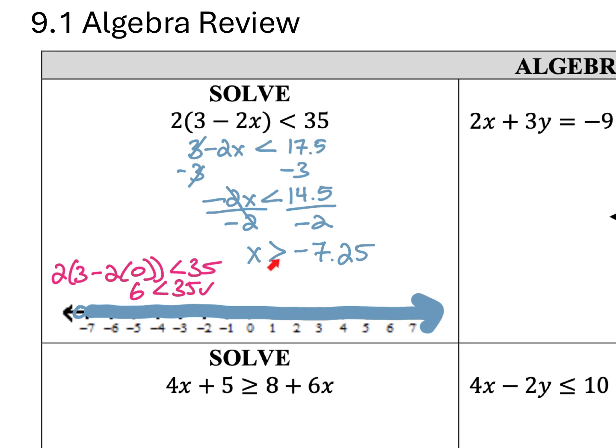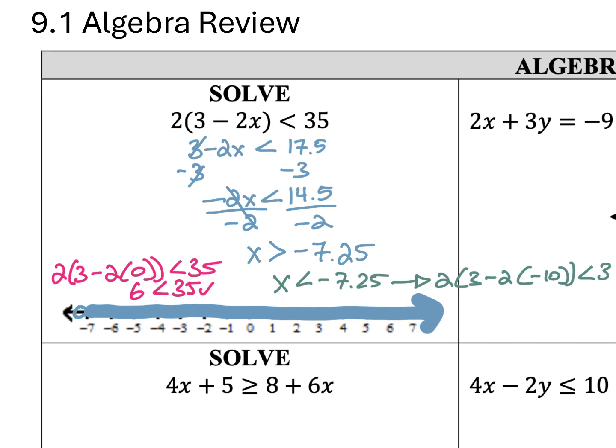Now, you do not need to write this down, but I just want to show you, if I had not switched this sign, let's say I said, I think this is my solution, right? Then that would mean that all the numbers less than negative 7, so for instance, negative 10. So if I wanted to try that and see if it worked, I'd put in negative 10.